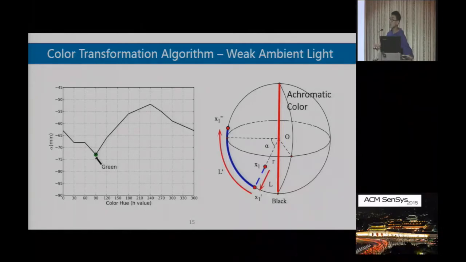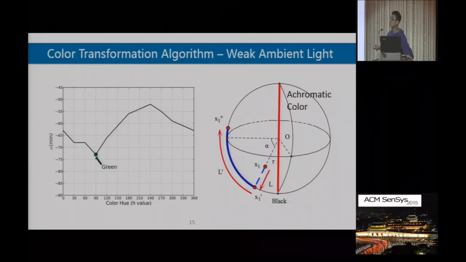For each different color hue, we got a different minimal alpha, and we want to make sure that UGR is as low as possible, and UGR is positively related to the luminance of the screen. So we just need to find the lowest alpha in this figure.